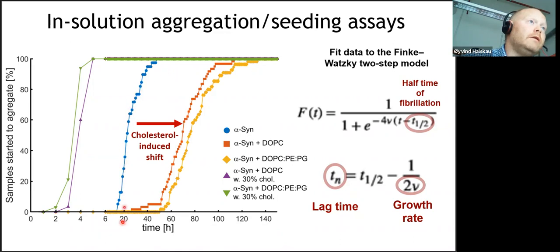The blue line here is alpha-synuclein only. These two have no cholesterol present. They are fluid, highly fluid bilayers, and these two have cholesterol present. So just by eyeballing this, we see that the cholesterol produces a strong shift.